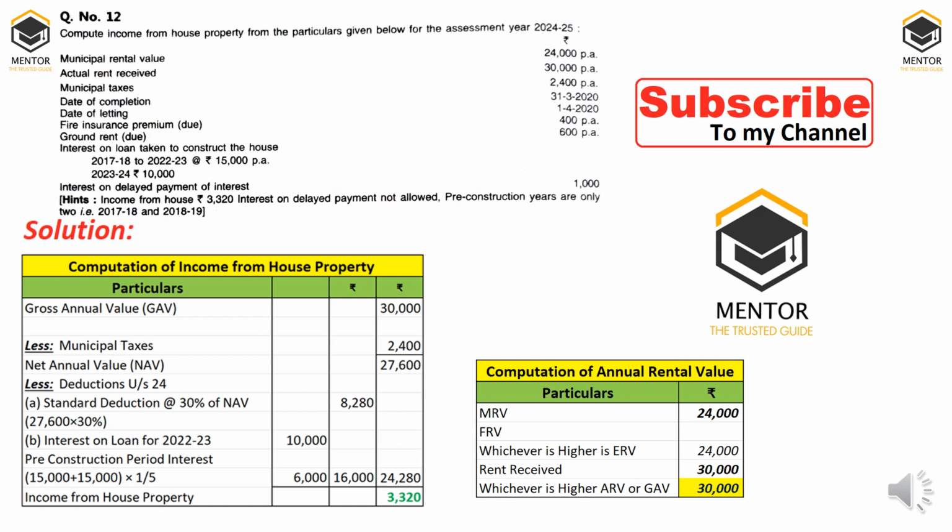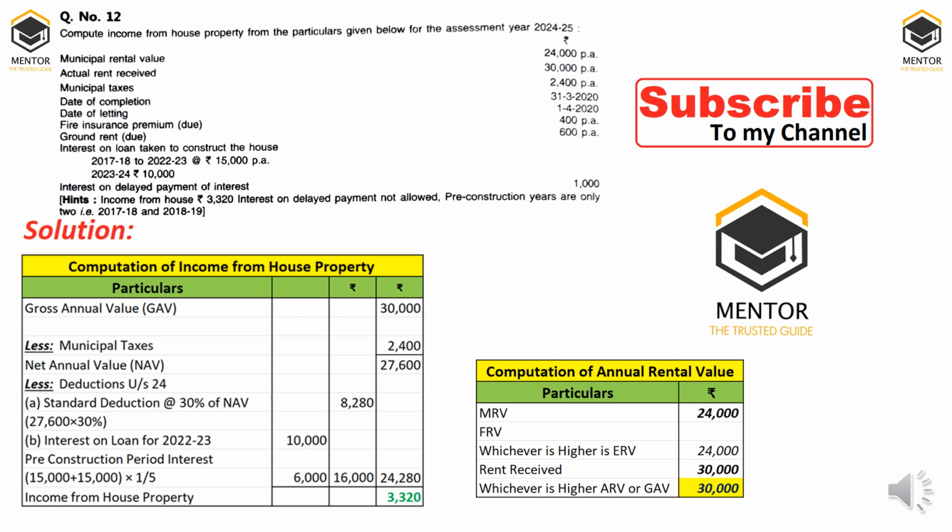Then next is interest on loan. Here I told you the pre-construction period interest is available, therefore current year interest comes to 10,000, and pre-construction period interest is for 2 years, 17-18 and 18-19. 19-20 we don't consider since the building stood ready for letting out. So 15,000 for 2 years is 30,000, which should be divided into 5 equal installments.